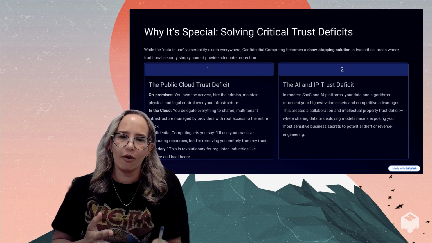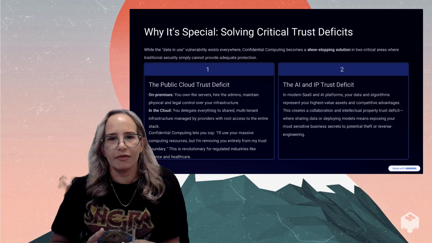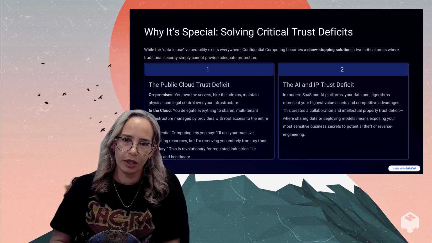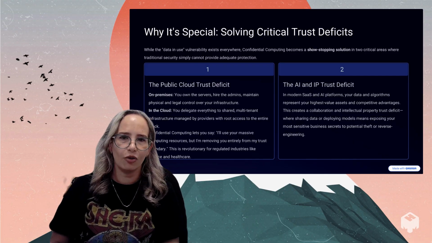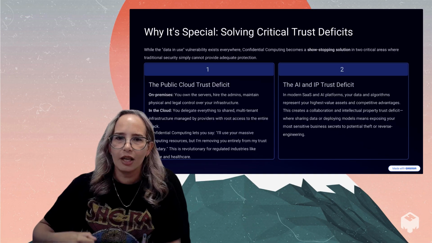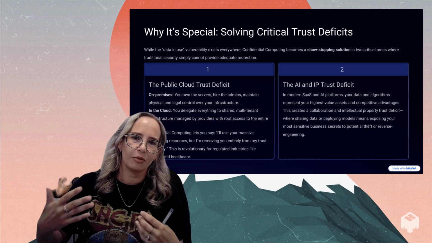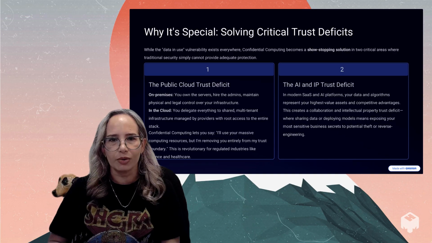So these are two areas where confidential computing gives us the solution that we're looking for, the assurance that we need in order to keep our data secure, but also keep on using the cloud, keep on using the algorithms and the machine learning and the AI models to actually achieve our goals.